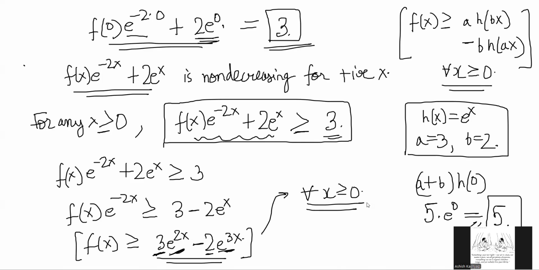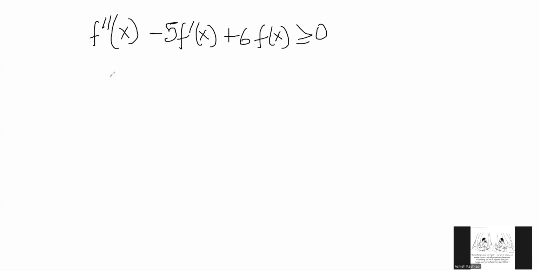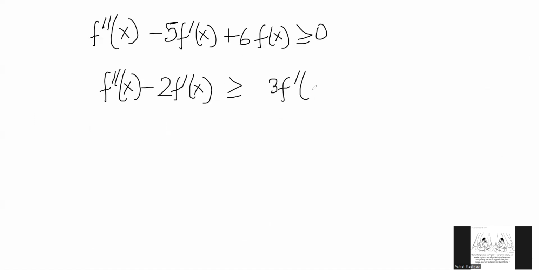So the idea for the question is to start with the initial double derivative inequality and write it like this. This was our initial inequality. What I did was just write it like this, f double dash x minus 2 f dash x, and took the 3 f dash x on this side minus 6 fx this side.